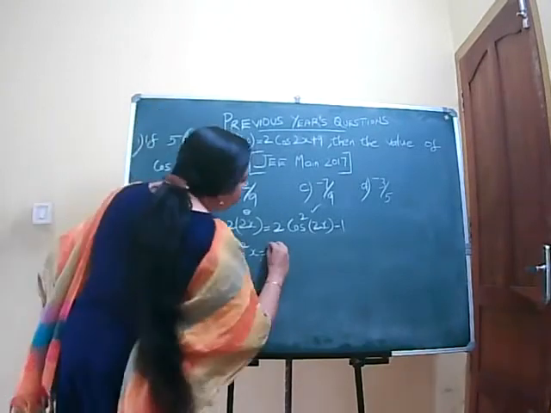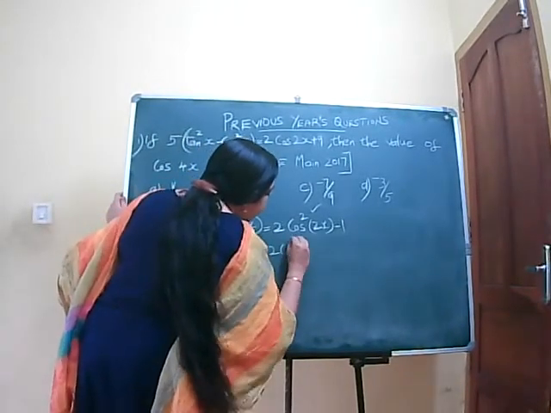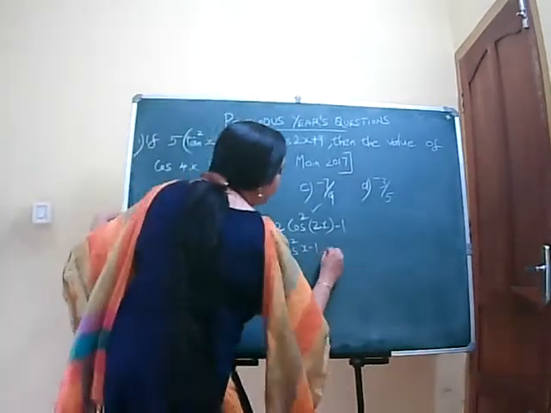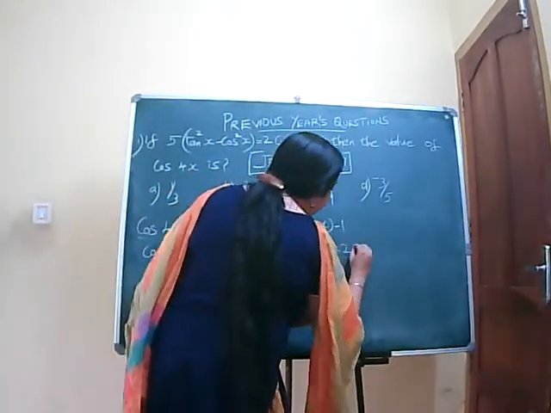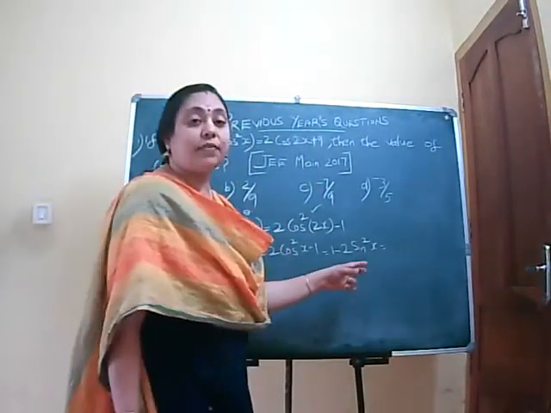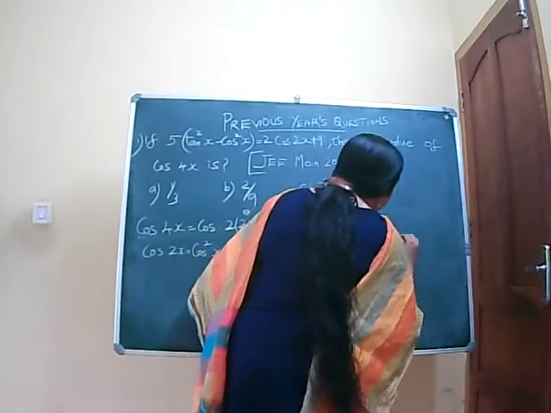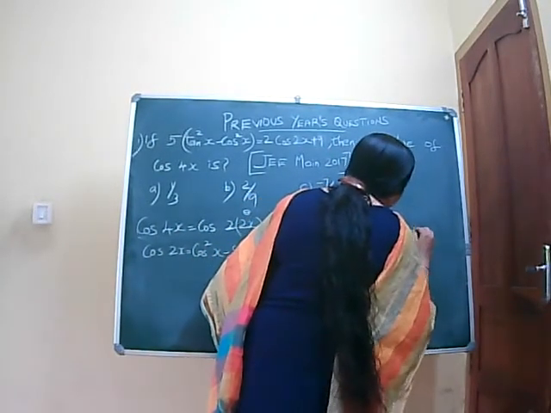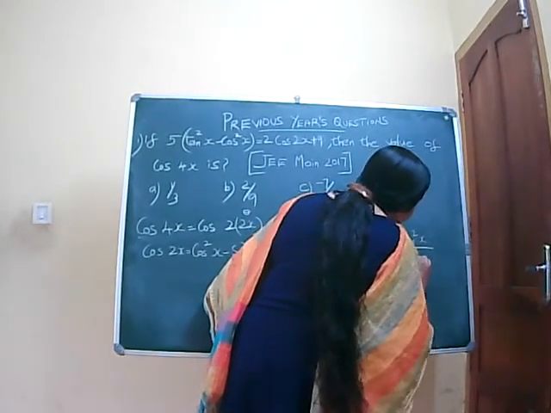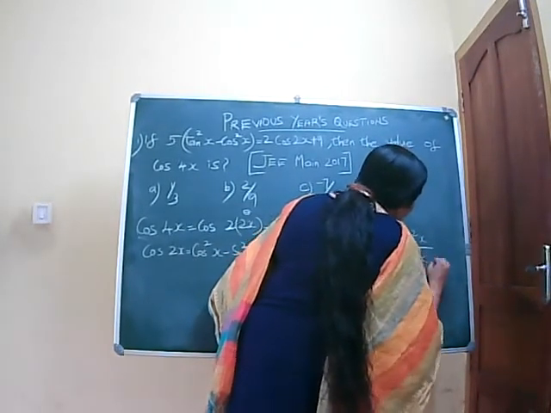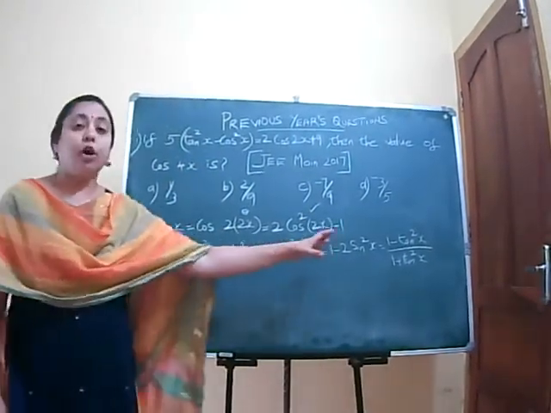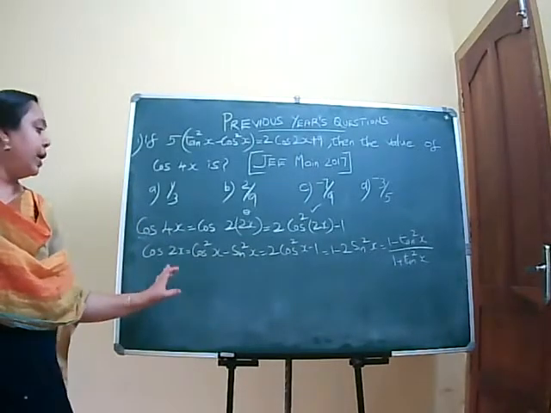Second one, 2 cos square x minus 1, 1 minus 2 sin square x, and the last one, 1 minus tan square x divided by 1 plus tan square x. These are the basic formulas for cos 2x.